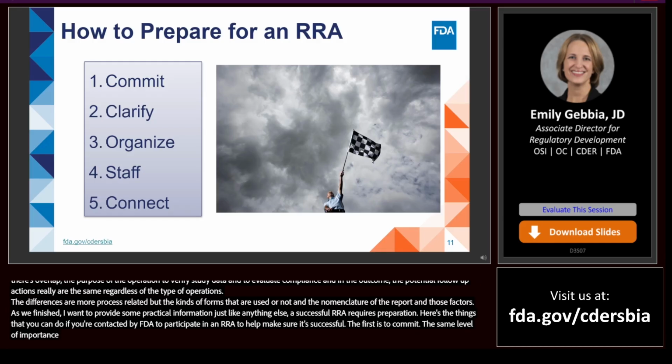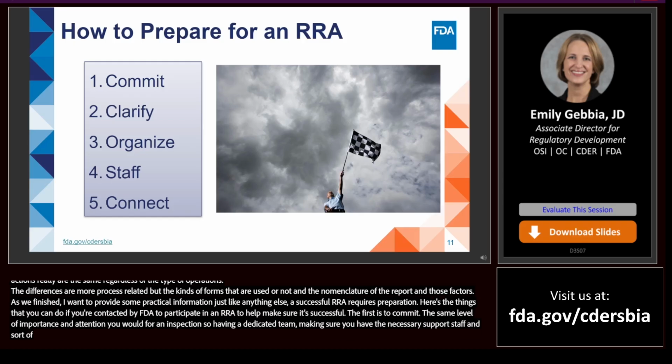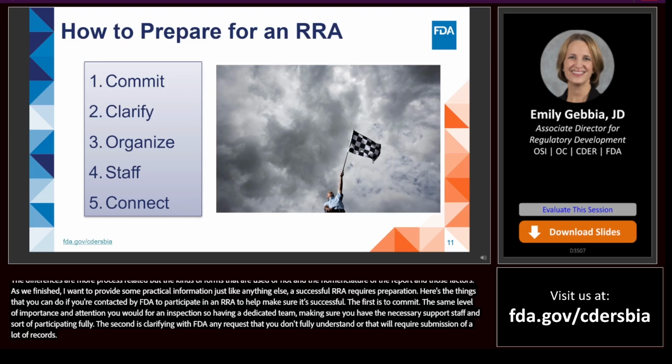So having a dedicated team, making sure you have the necessary support staff, and participating fully. The second is clarifying with FDA any requests you don't fully understand or that will require submission of a lot of records. Make sure that you understand the scope of the request.